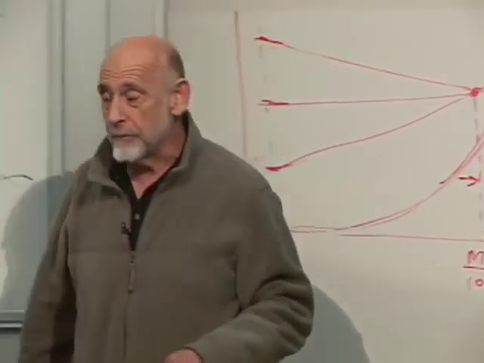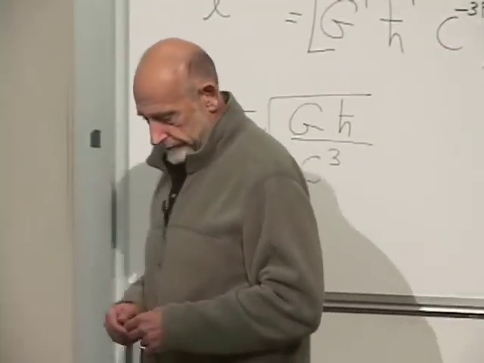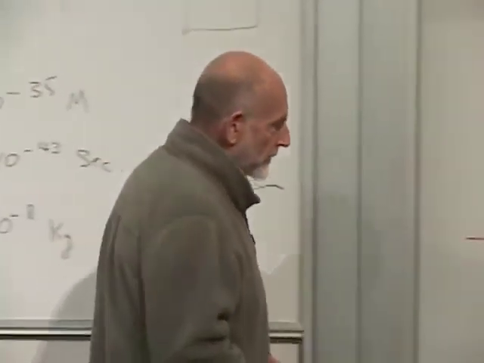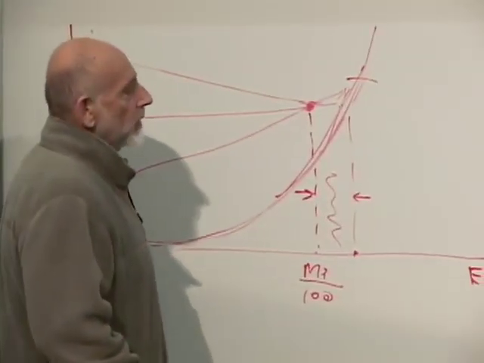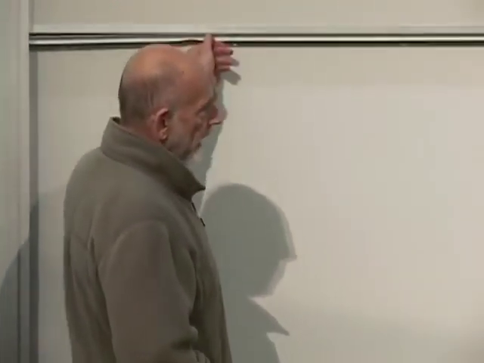Now, if you think about that for a minute, imagine an accelerator. Let's explore the following question. What kind of accelerator would it take to do interesting experiments at the Planck energy? Well, basically, the energy of a linear accelerator scales linearly with the size of the accelerator.